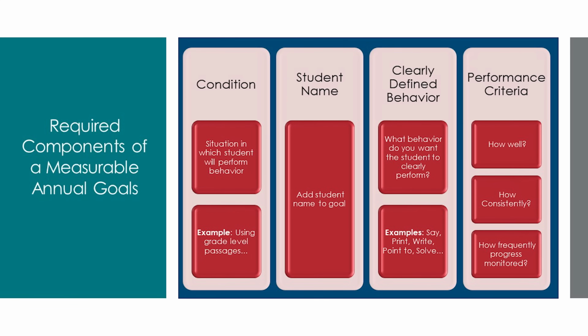And then component 4 is the performance criteria. The performance criteria consists of 3 parts. It is the how well you want to see the student do the behavior, how consistently you want to see the behavior done, and how frequently you are going to progress monitor the behavior.